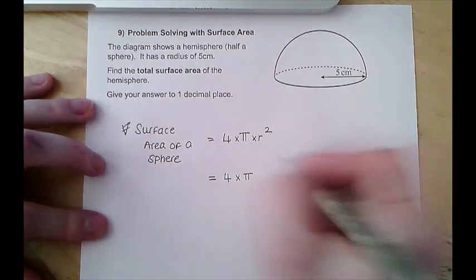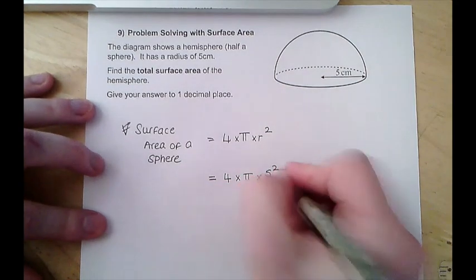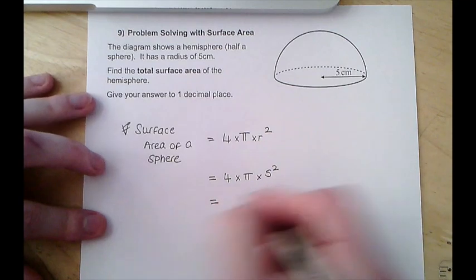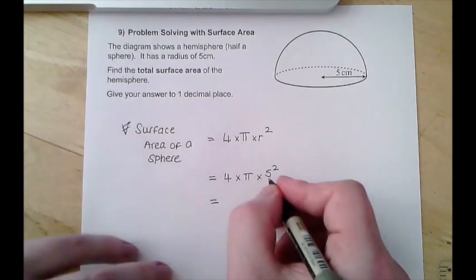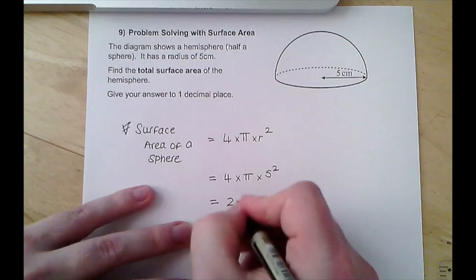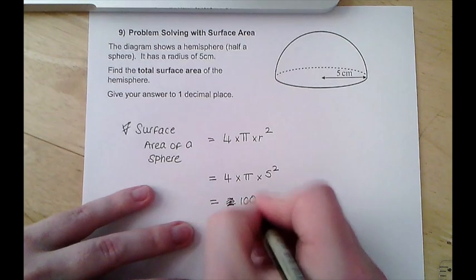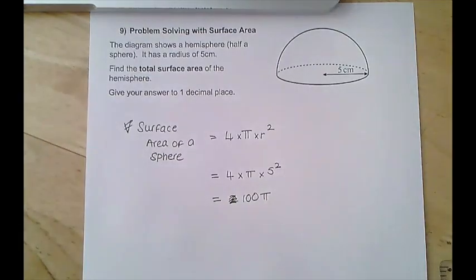Now we're told our radius is 5. 5 squared is 25, times 4 is 100. And I'm going to leave it as that for now.